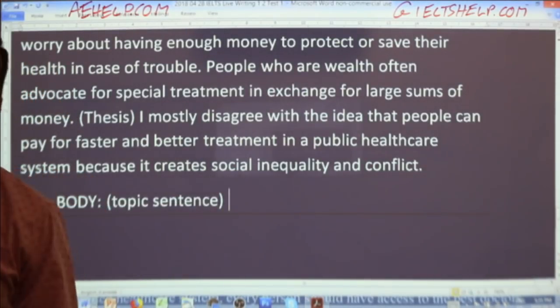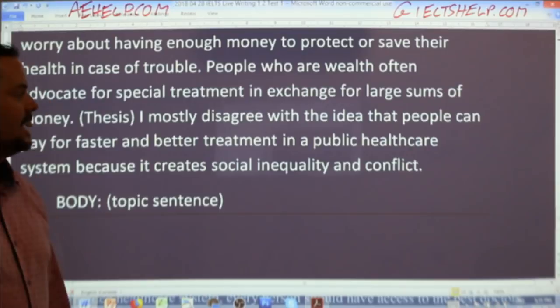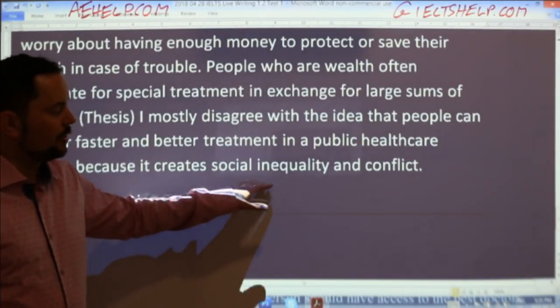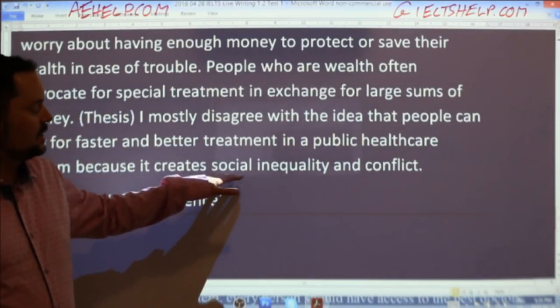Can somebody give me a sentence? Safa, can you give me that topic sentence, what it is? Can one of you write it out for me and let me know what would be a good topic sentence to begin that first body paragraph about, and keep it in the same order, of course, as your thesis. So make sure the first one's social inequality and the other one's social conflict.